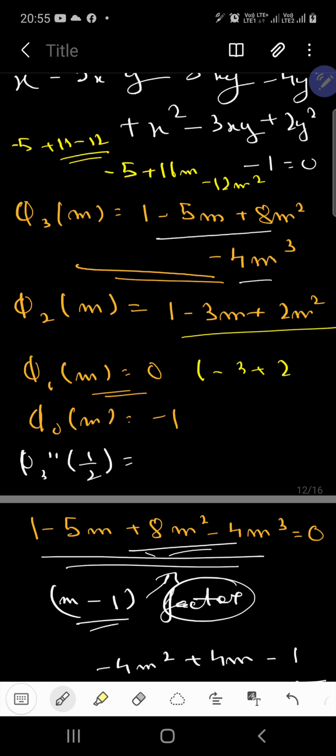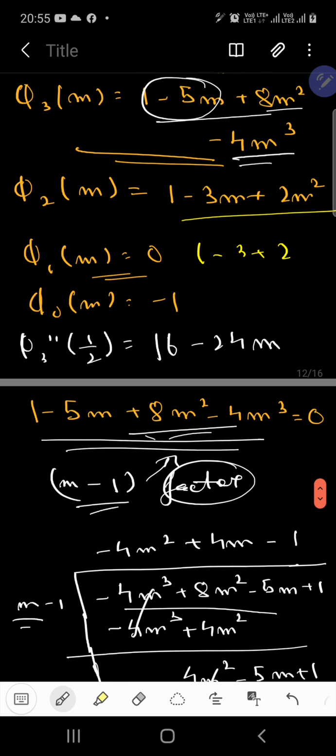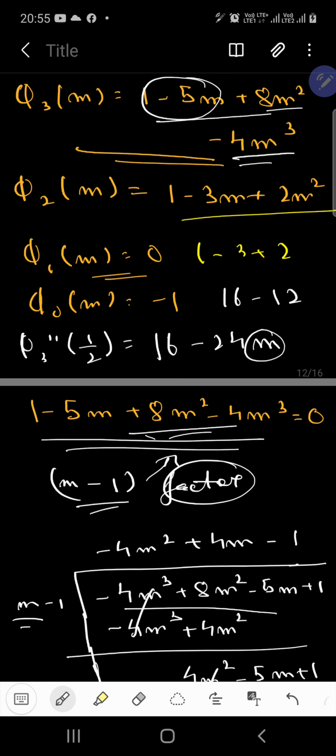Let us find it out. When you are finding double dash, this portion disappears, right? Here you have 16m, so this becomes plus 16. Here you have minus 12m square, so that becomes minus 24m, right? And if you put m equals half, you get 16 minus 12, that is 4.